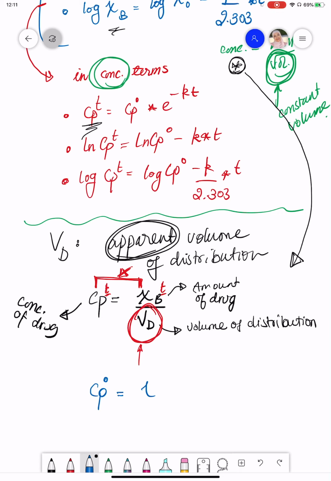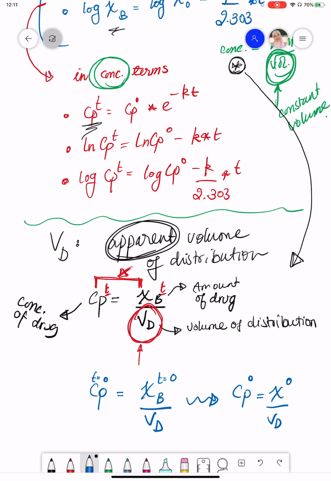Let's just change it first. At time equals 0, over volume of distribution. It's the same as concentration: the initial concentration equals the initial amount over Vd.